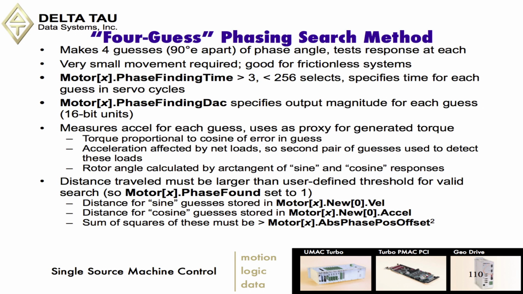It's very good for frictionless systems, but it could have issues if you have a lot of friction, or if you have issues with the feedback. So basically it's measuring the acceleration at each guess, and it's trying to use that to determine what the generated torque would be, to determine if it is in fact on a phase zero.